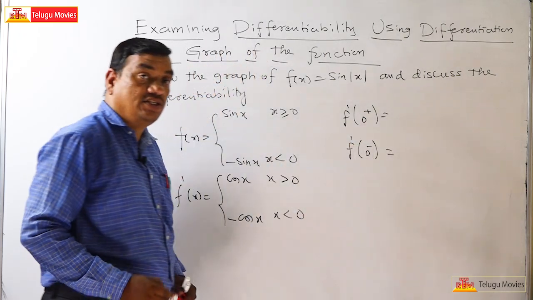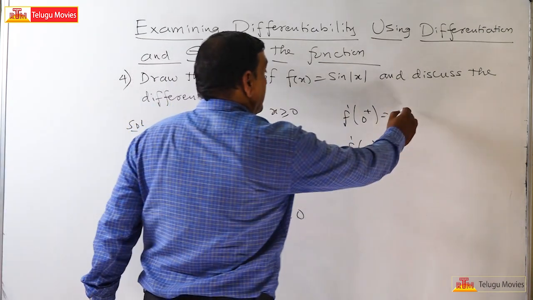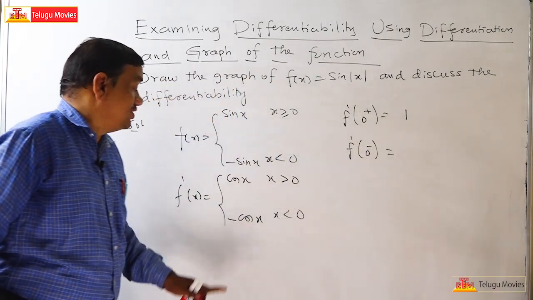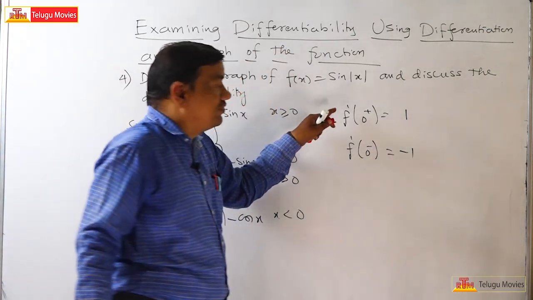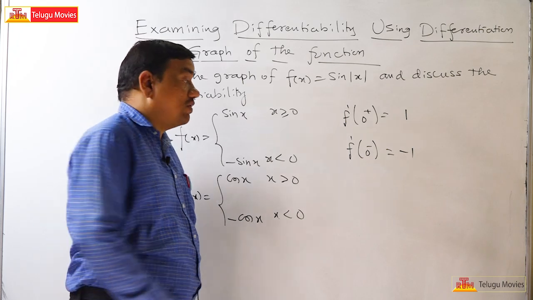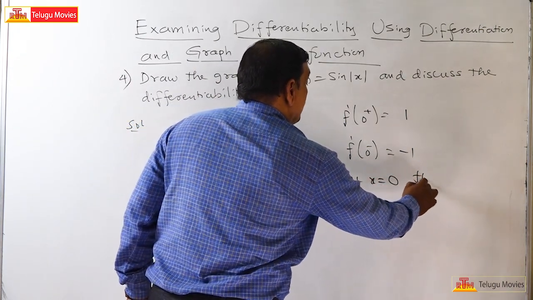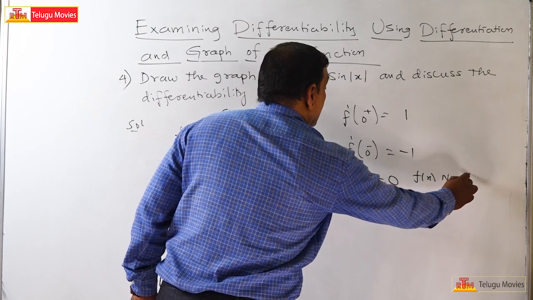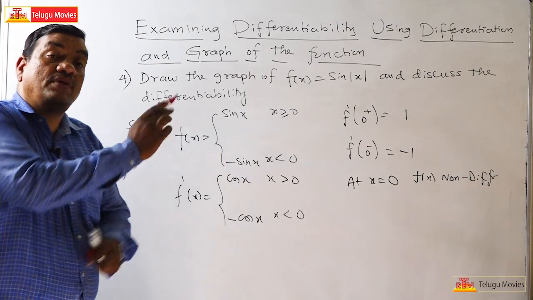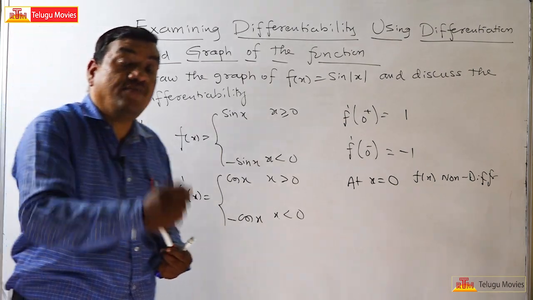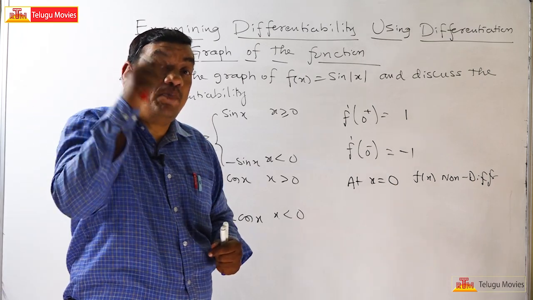For x greater than 0, cos 0 is 1. For x less than 0, minus cos 0 is minus 1. What are we observing here? Both are not equal. Therefore, at x is equal to 0, the function is non-differentiable. This is theoretical. So previously, using the graph, we explained it. At x is equal to 0, there is a sharp edge you are getting.